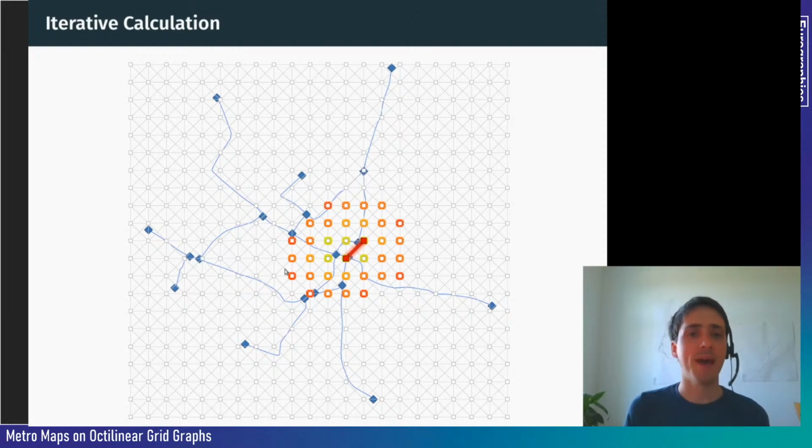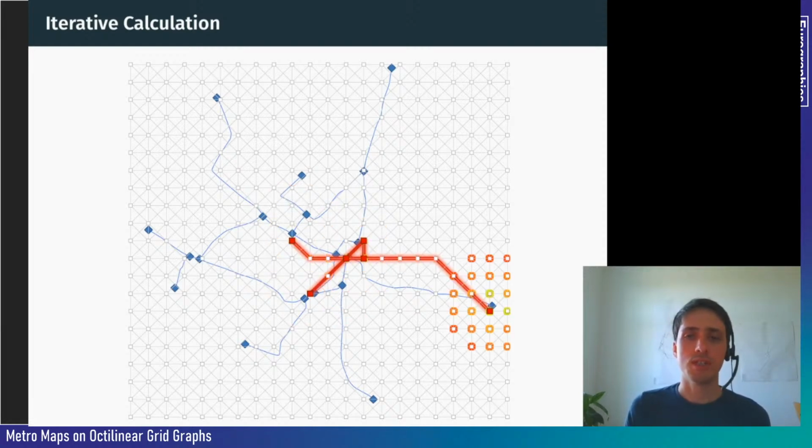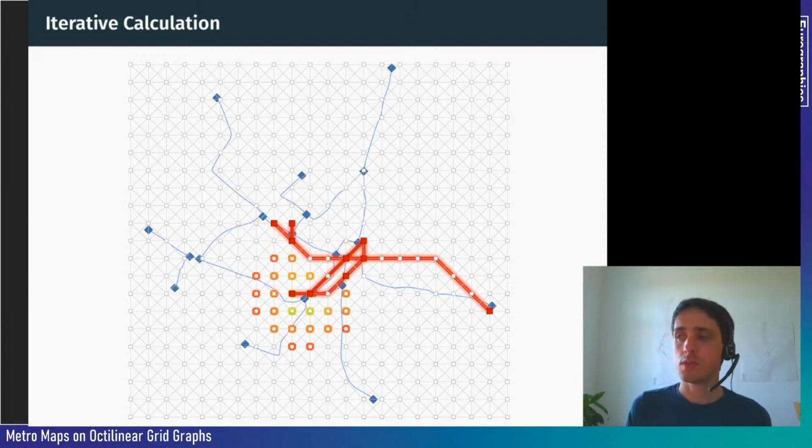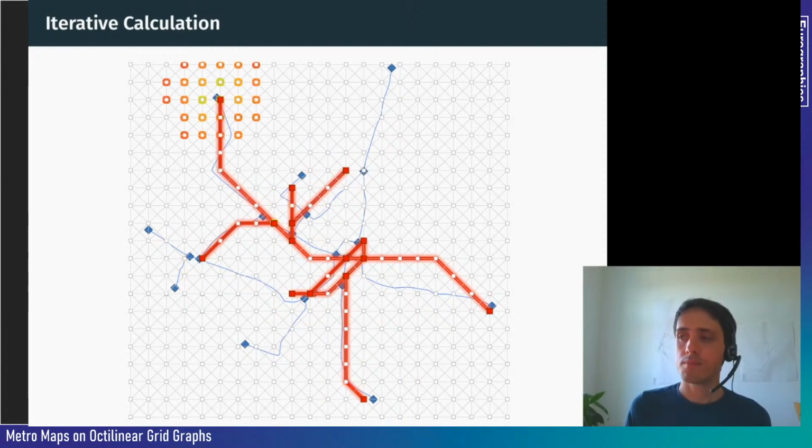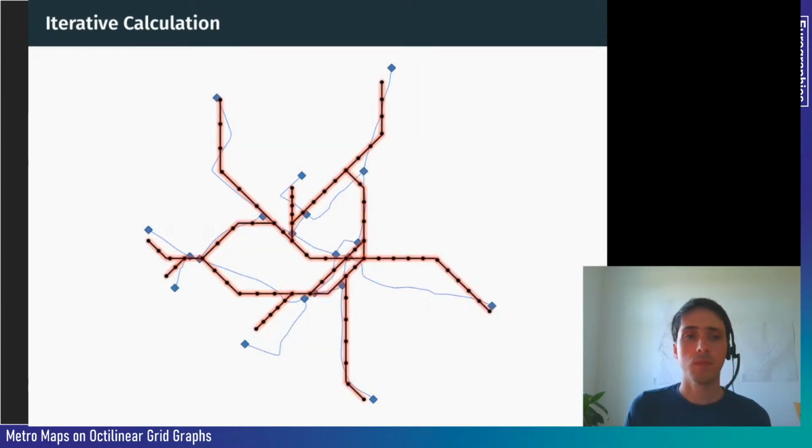So the greener, the better. This here is the path that is found. Now we settle this path as an obstacle, and we just continue and continue and continue, and slowly build up our octilinear drawing until we arrive here.